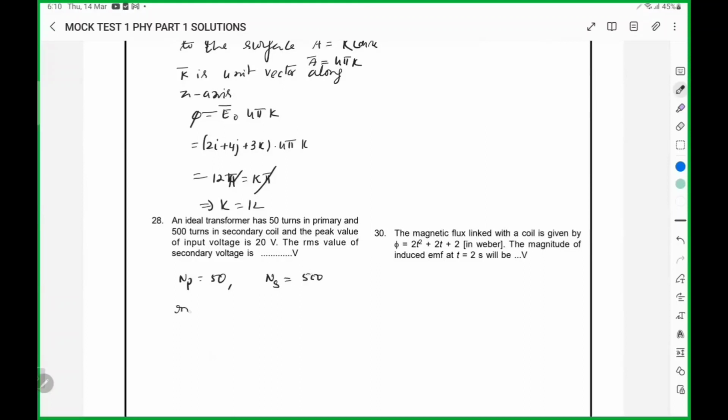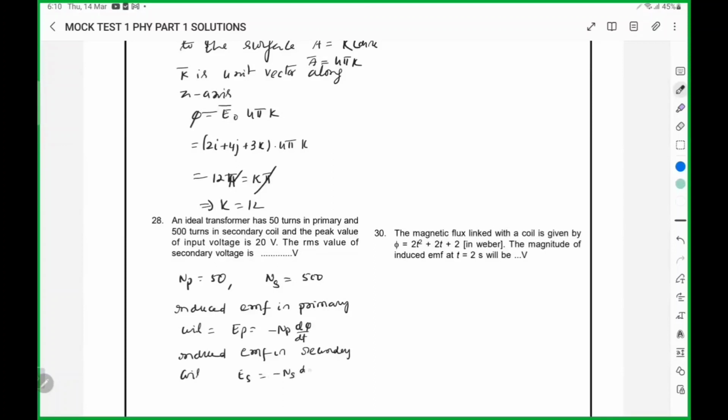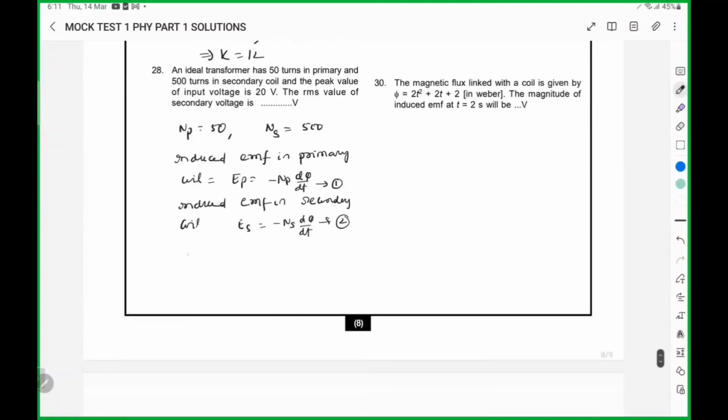So the induced EMF in the primary coil is equal to minus NP d phi by dt. The induced EMF in the secondary coil is similarly given, so here we write EP by ES equals NP by NS.